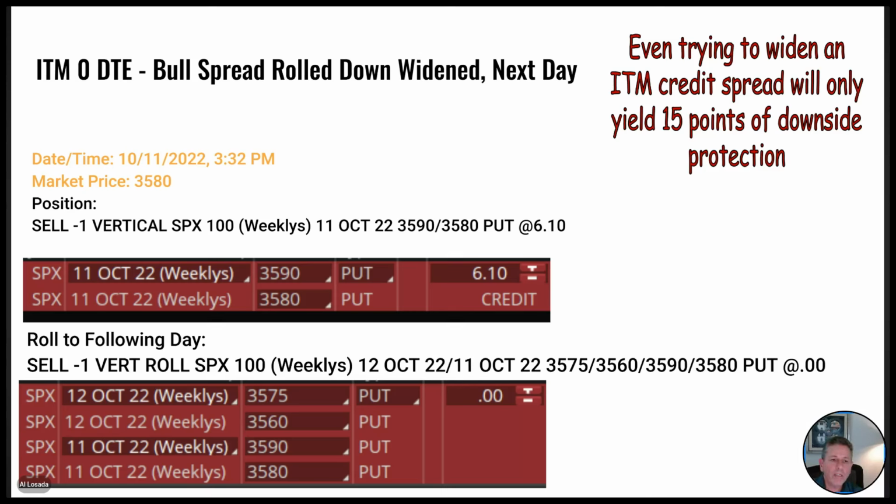Now, when I have a threatened trade, the best thing I do is roll that trade out. I'll roll it out maybe a day or 2 days, or sometimes a little bit more, depending on where the market is. So let's say the market moved up, and I roll it out.